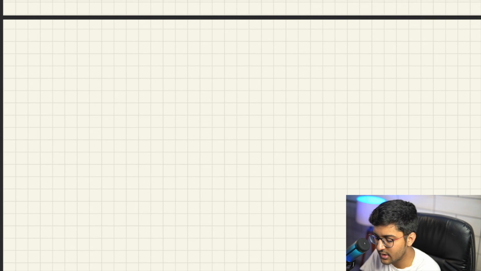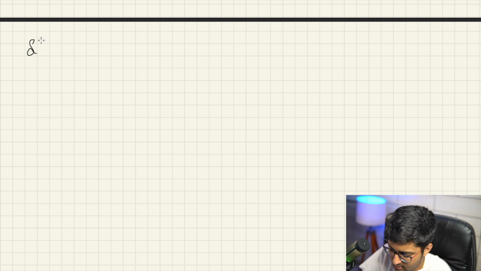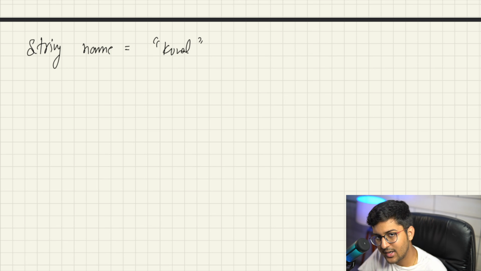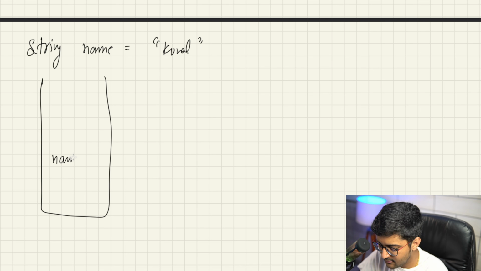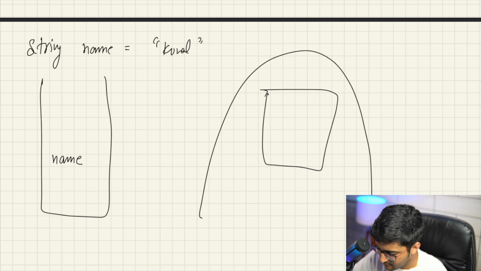Actually, it is being stored internally like this. When you write something like string name is equal to Kunal, it is actually being stored in the memory like this. The string pool.